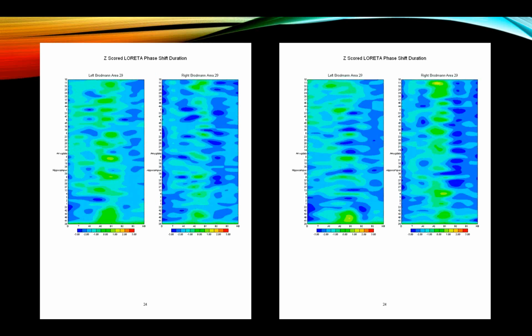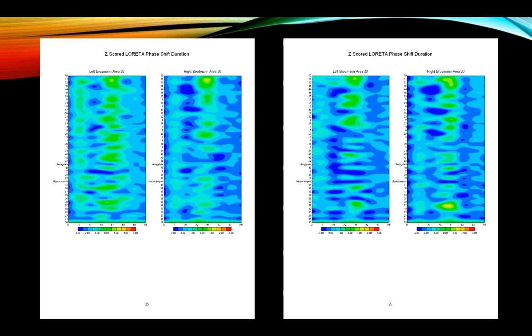Here's area 29, posterior cingulate. Again, pretty big changes, demonstrating again that we can get these frontal to posterior nodes to speak with each other. Phase shift duration for area 30. Again, a big shift. And it's difficult to predict the direction of the shift. We know it's going to occur, but we don't know exactly which way it's going to occur.